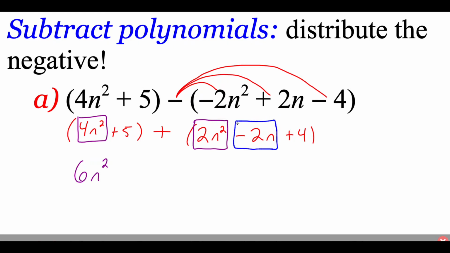It has a minus 2n there. There's nothing to combine with it, so it's going to stay as a minus 2n. And then if we look, we do have a couple of constants. We've got this plus 5 from the first polynomial and a plus 4 from the second polynomial. If we add those together, that's going to give me plus 9. So we get 6n squared minus 2n plus 9 as our final answer.